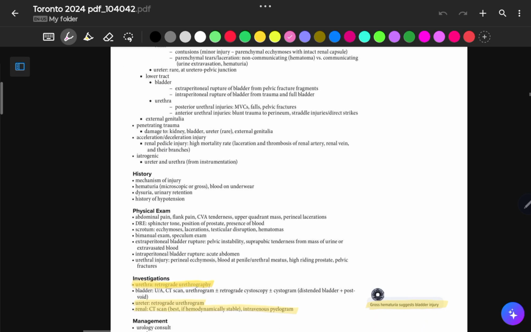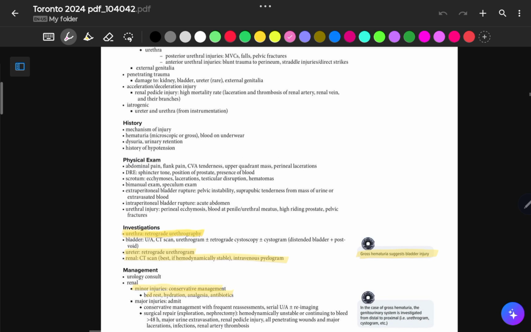It can affect your lower tract, which is your bladder and urethra. It can also be due to penetrating trauma, causing damage to the kidney, bladder, urethra, and external genitalia.